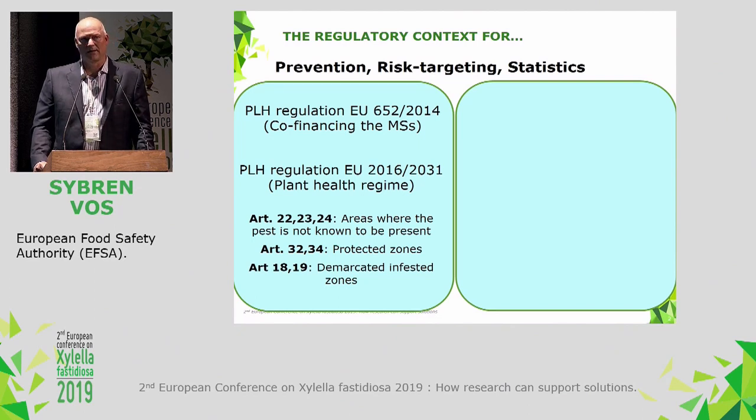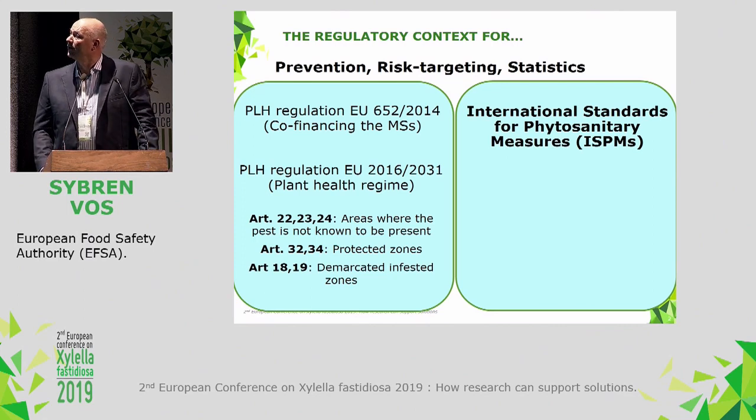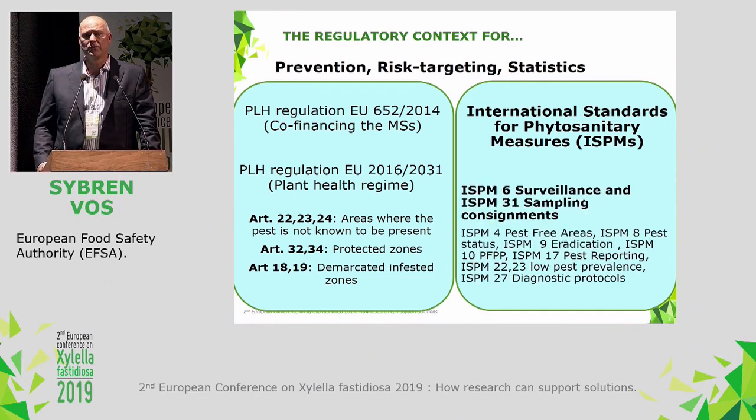Some articles are dedicated to surveillance in areas where the pest is not known to be present, other articles address surveillance in protected zones of the European Union, and others surveillance in demarcated and infested zones. Also, we are working in the context of international standards for phytosanitary measures, with a whole series of them.